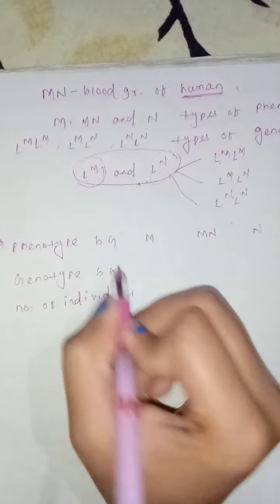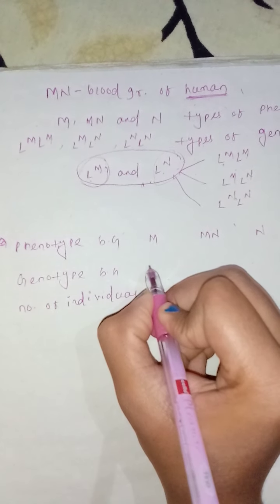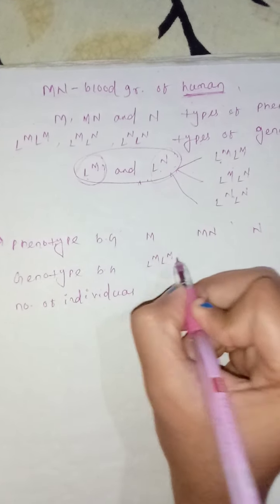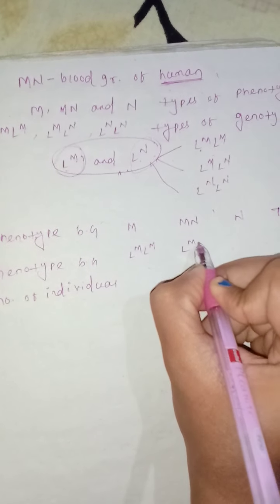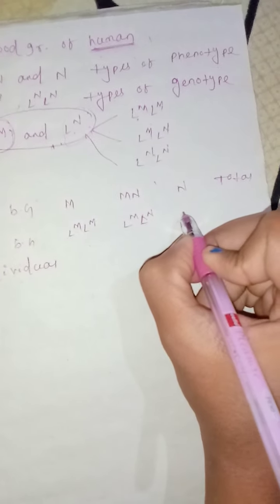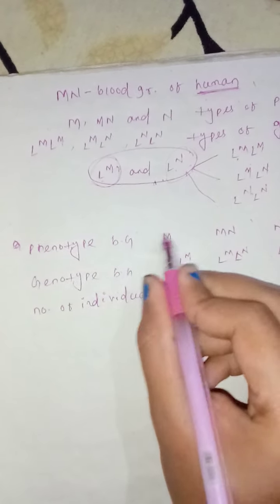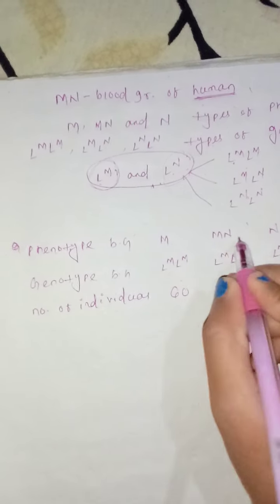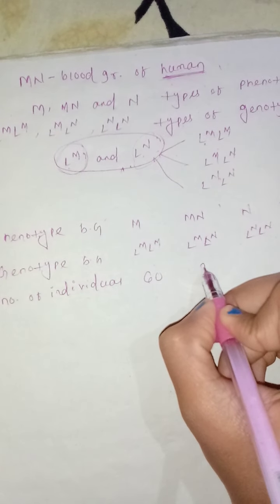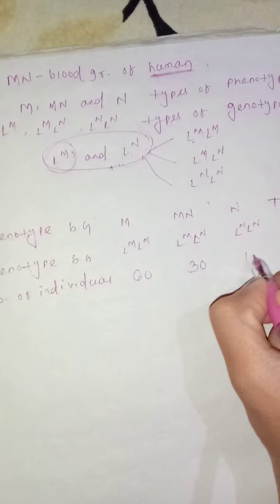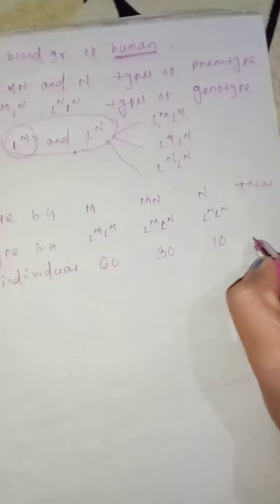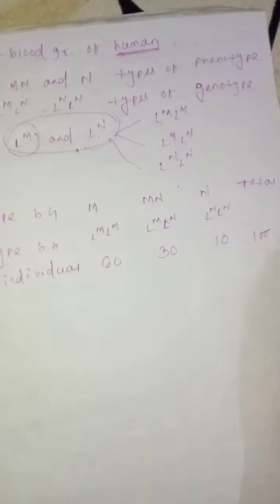Like the phenotype blood group, the genotype blood group is LM LM, LM LN, and LN LN. The number of individuals in the M blood group is 60, the MN blood group is 30, and the N blood group is 10. So the total number of individuals is 100.